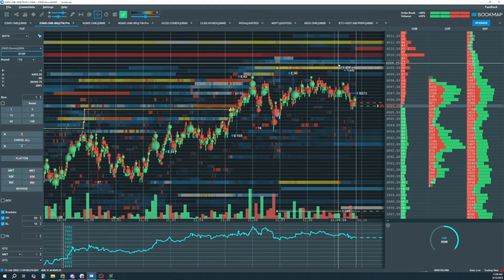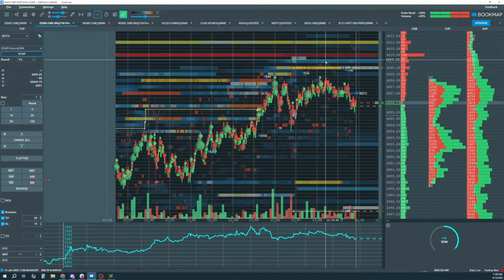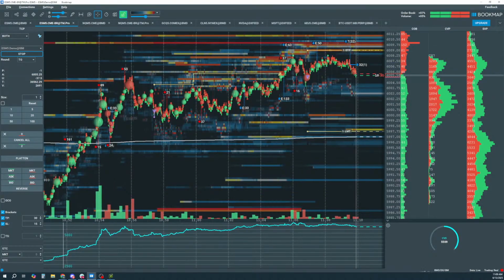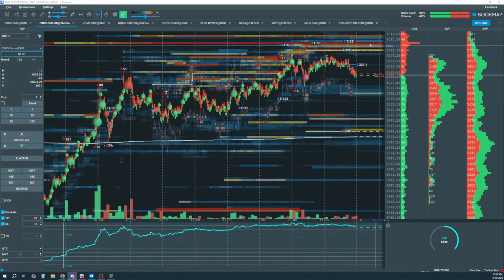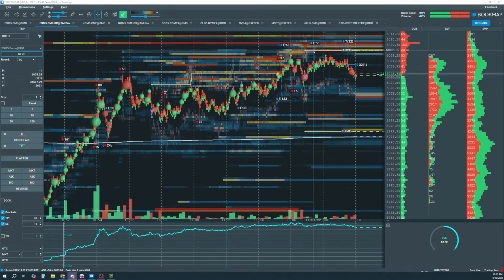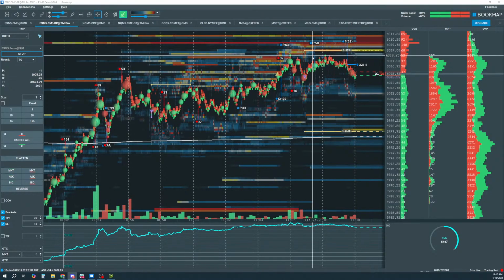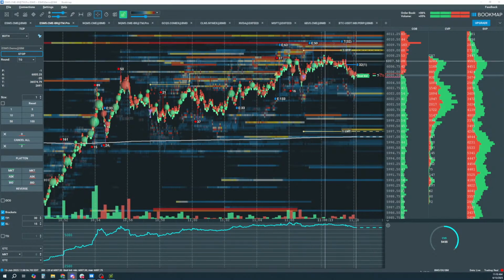Let me see any other questions here. Is the liquidity at 83 too far stretched? So this was just recently.